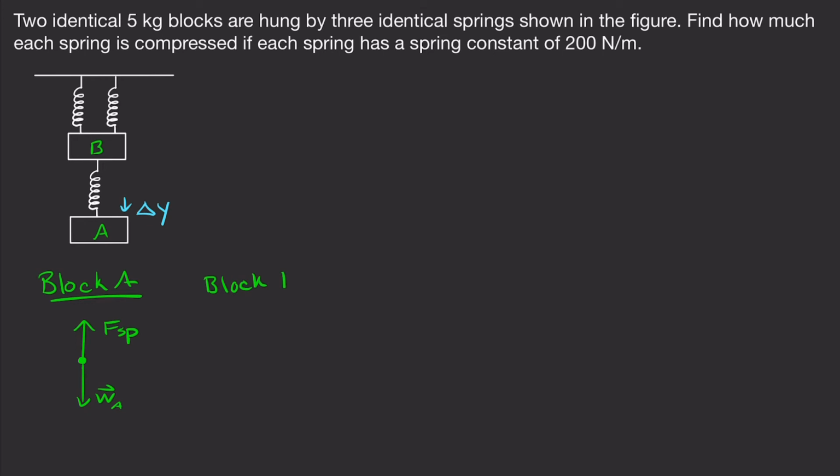Okay. And then for block B, it also has a weight, and it's also attached to this spring, except this time the spring has been stretched this way. So this is kind of non-intuitive, but if you imagine just looking at the center of the spring, it's kind of being pulled in both directions.